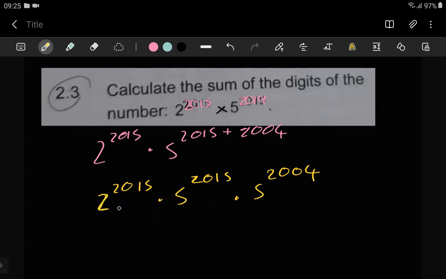Can I ask? I have a question. Why is your 5 like the last 5? Why is it 5 to the power of 2004? Because 2004 plus 2015 is what gives us 2019. Really?